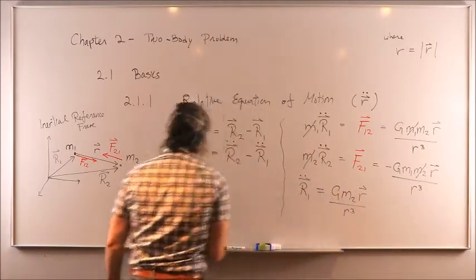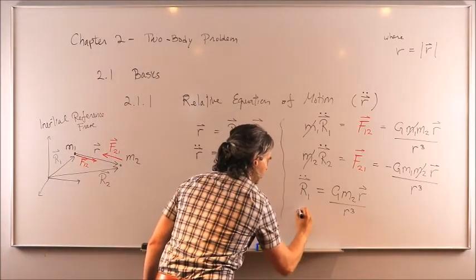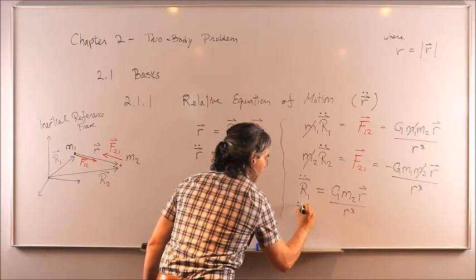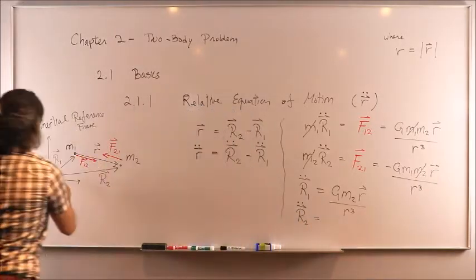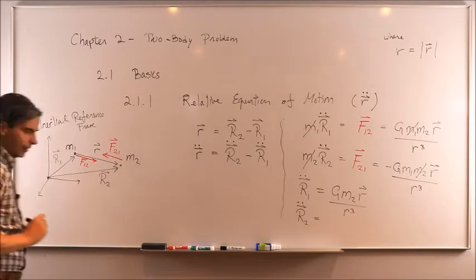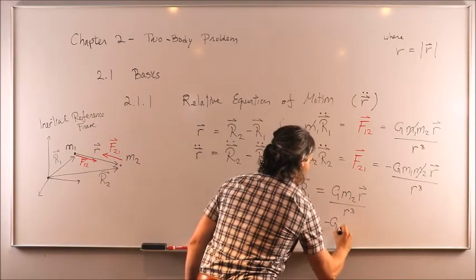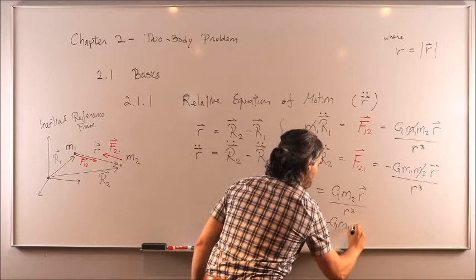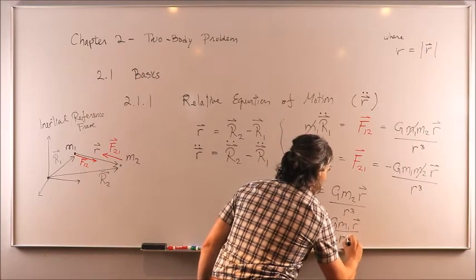And I can do the exact same thing for the inertial acceleration of point mass number 2 with respect to the origin of my inertial reference frame here. And this is equal to minus G m1 position vector divided by distance cubed.